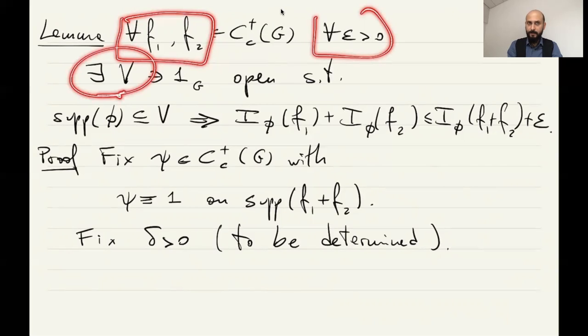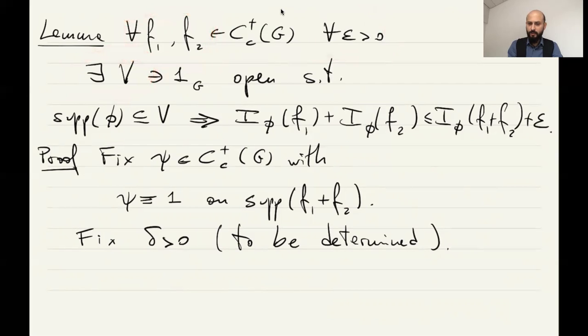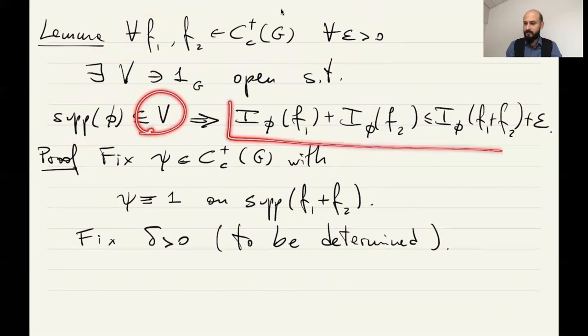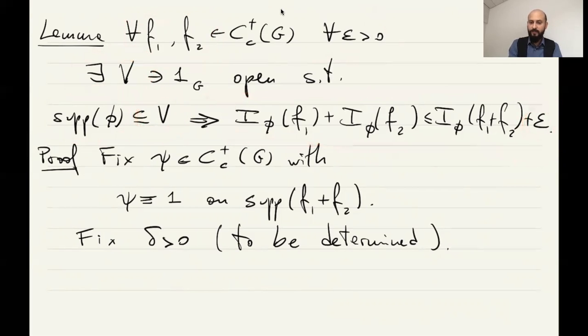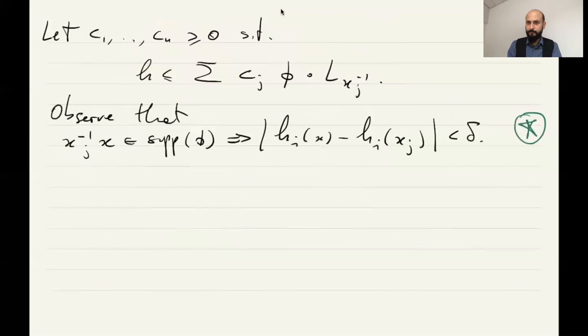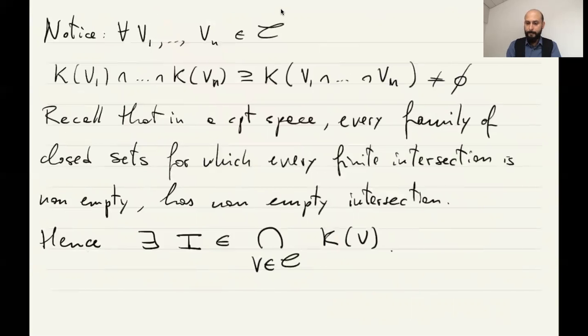Okay, for which we're going to take the support of phi inside this v to obtain this almost linear behavior, right? So let's take v as in this lemma. So take v from the lemma above.